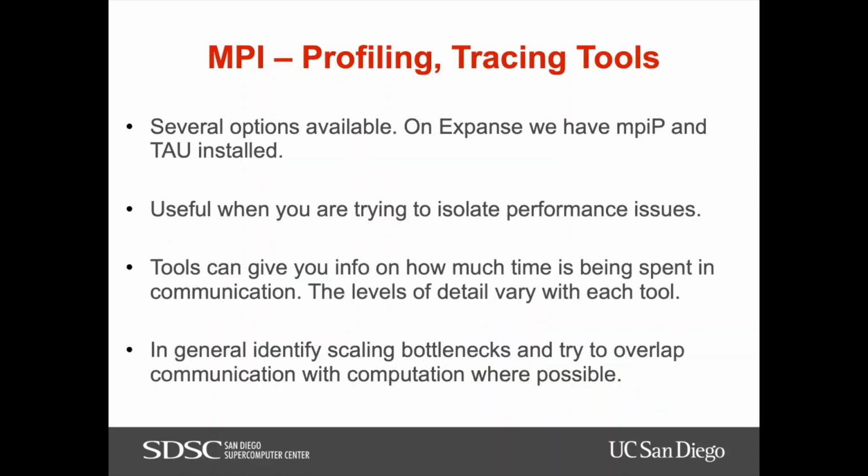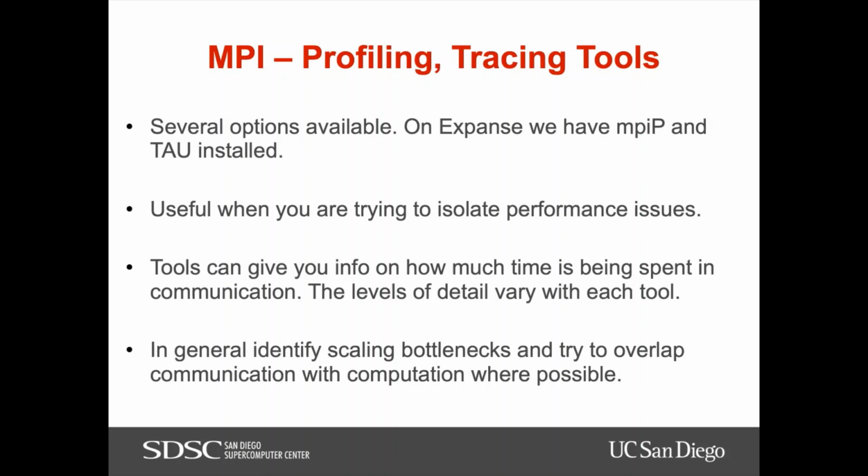Now, if you want to know how your code is doing, there are profiling tools and tracing tools. Because you run a code, you don't know where you're spending all the time, right? So there's a lot of ways to figure this out. They range from really lightweight, like mpiP, which we'll look at today, to TAU, which collects a lot of information and gives you a lot of detail.